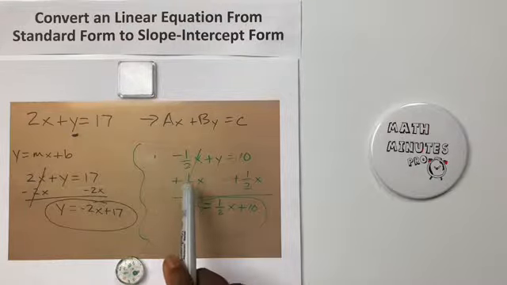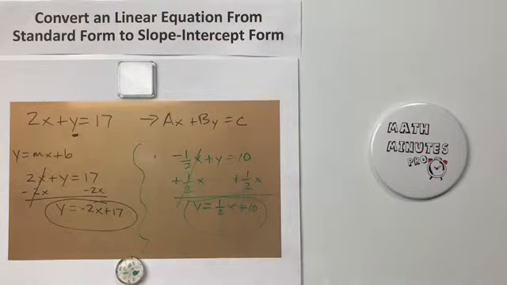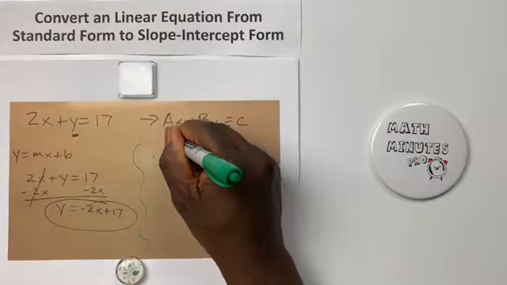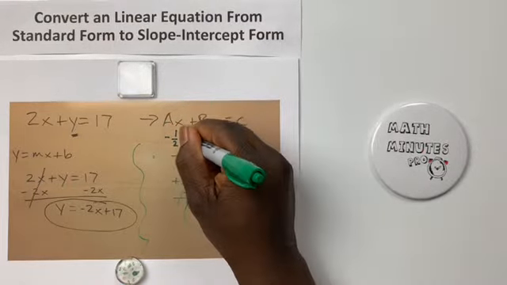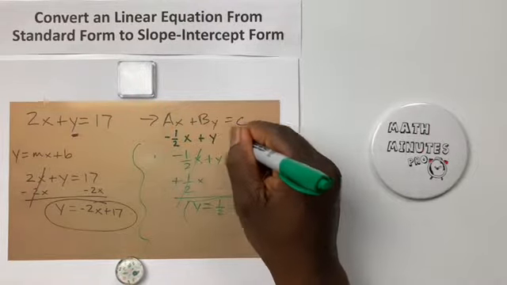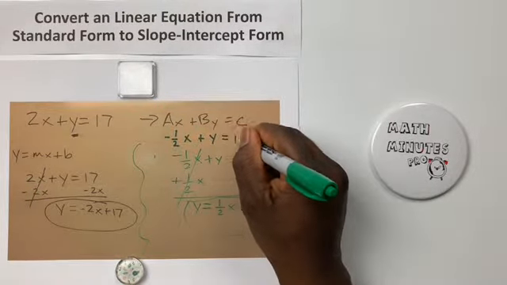Now let's take a look at this equation here. And what I notice is that the original equation, I'm just going to write that down, is negative 1 over 2 times x plus y equals 10.